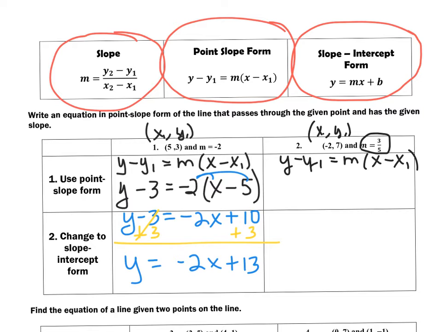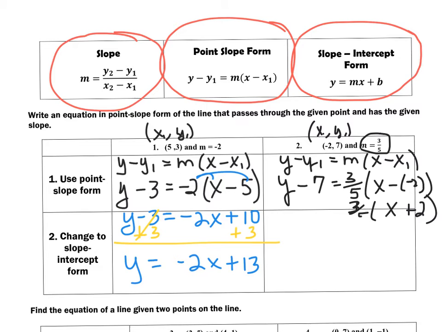We plug in our numbers, so we have y minus 7 equals our slope 3/5 times x minus our negative 2. This becomes x plus 2, because minus and negative is positive plus. I'm just going to pull everything down, and this is our point-slope form.